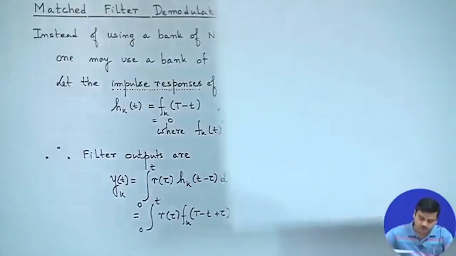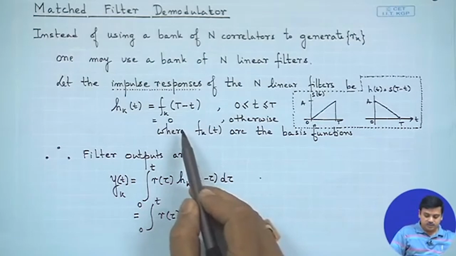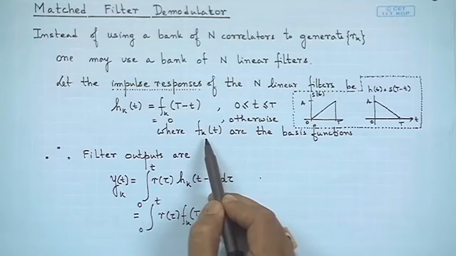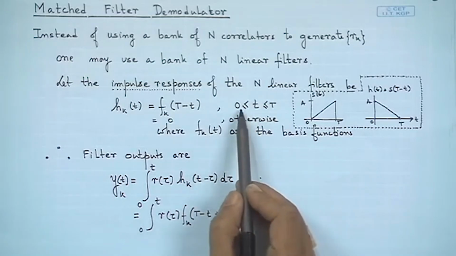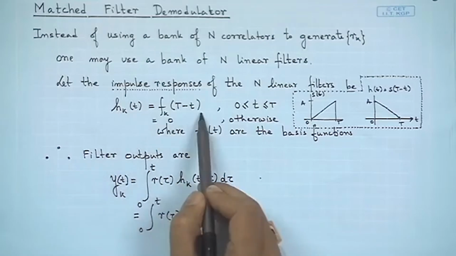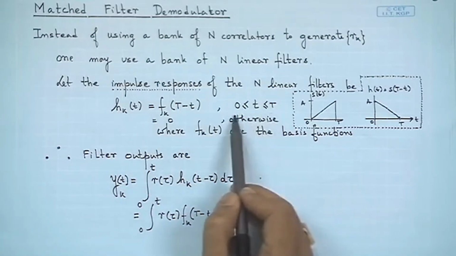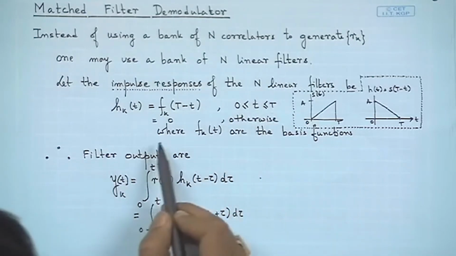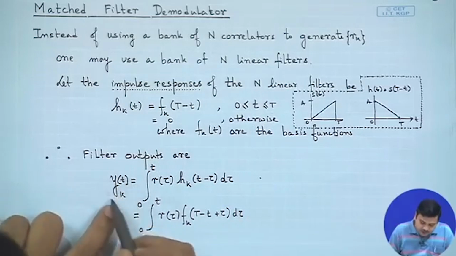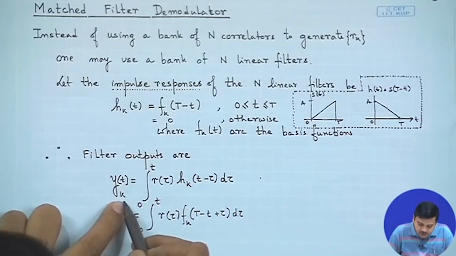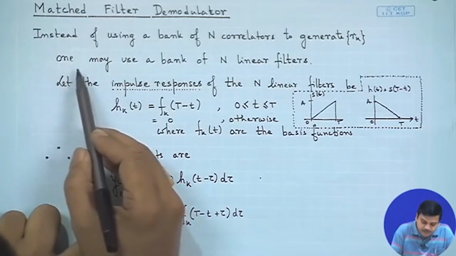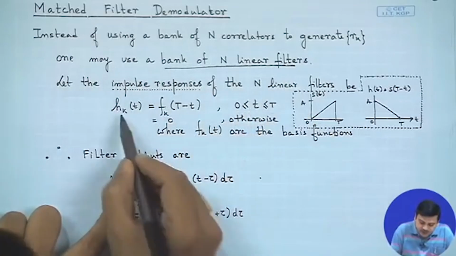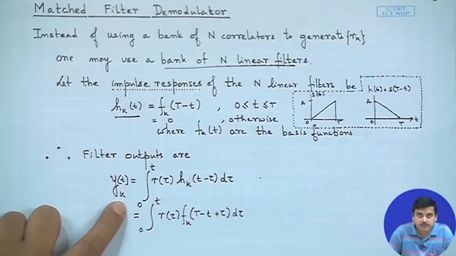Of course, when you do this, we have f k of t as the basis function. We use the same basis function as we had before, and this filter impulse response is valid for the same interval 0 to capital T. Now our filter output y k of t, because you are sending the signal to a bank of n linear filters, each filter has this impulse response.